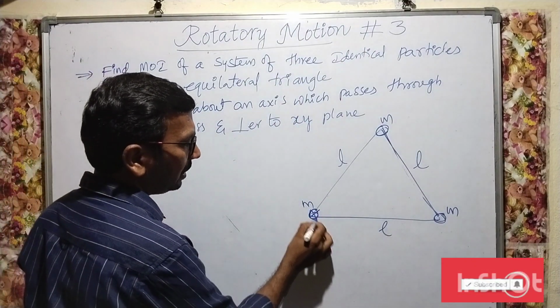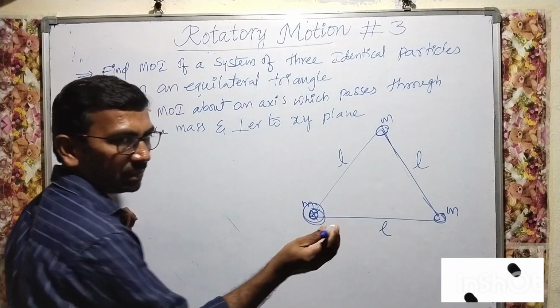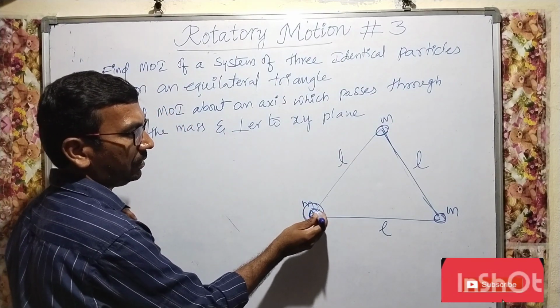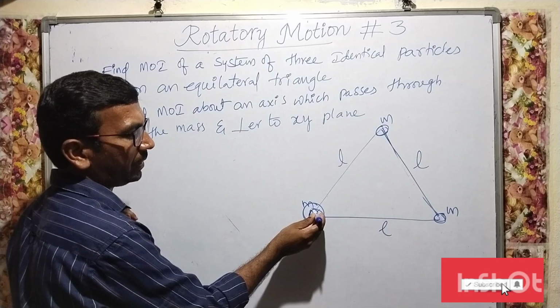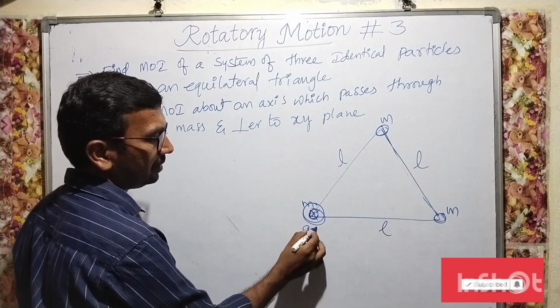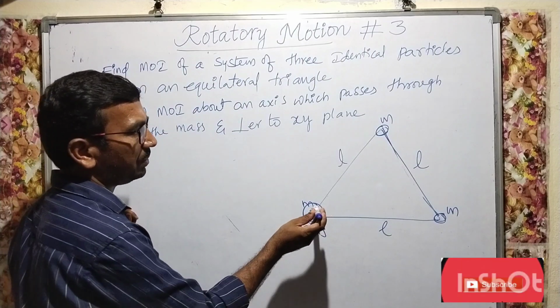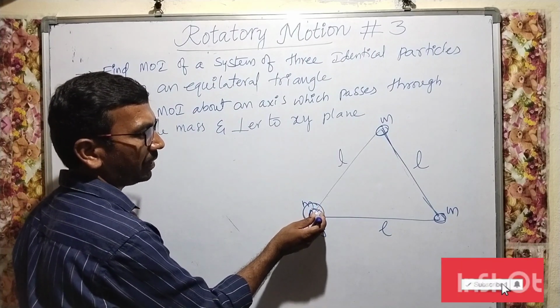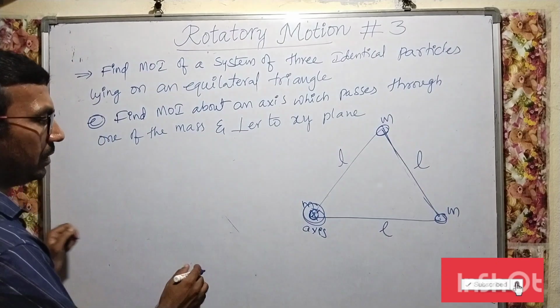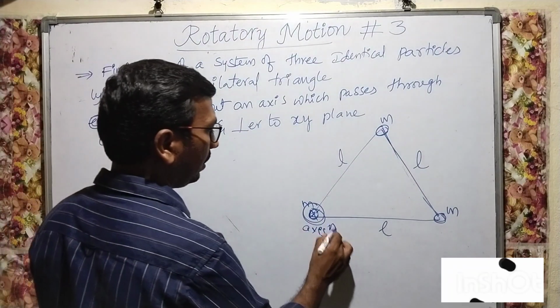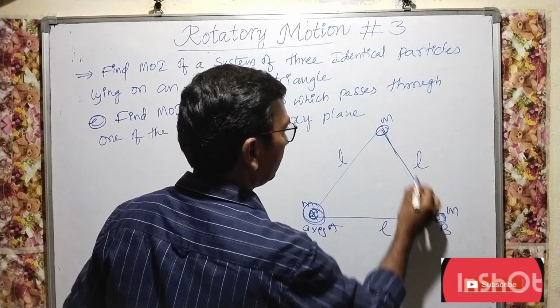So this is the axis, about this axis you can find the MOI, and it is perpendicular to the xy plane. This is point A, B and C.